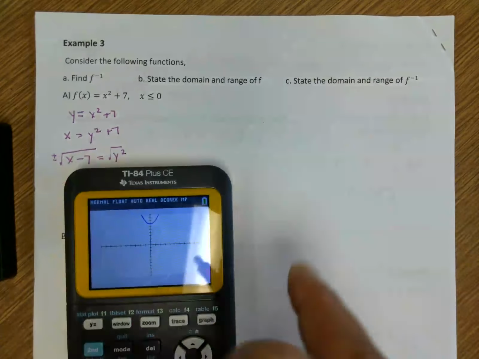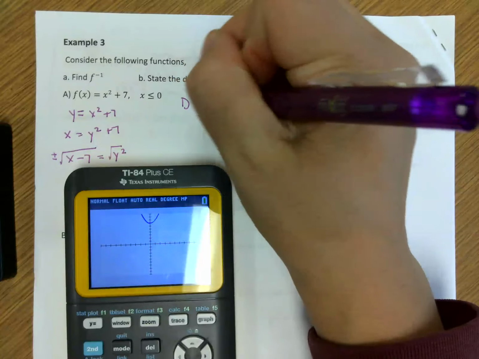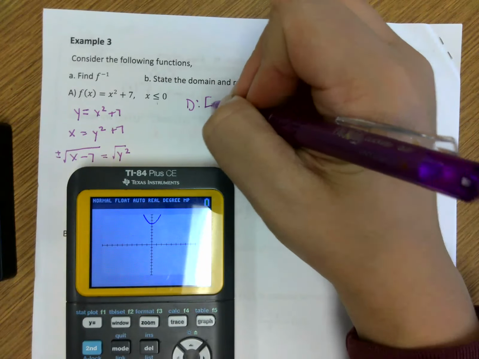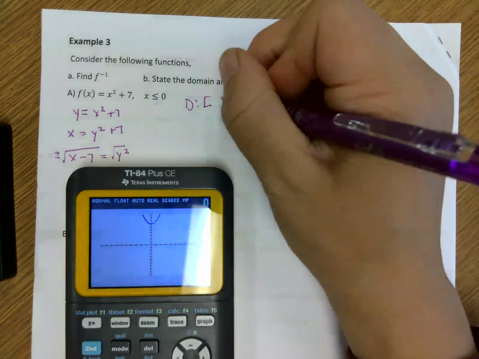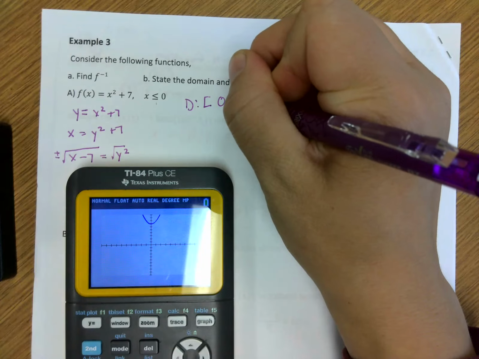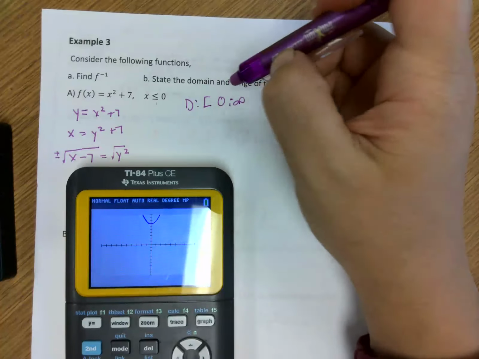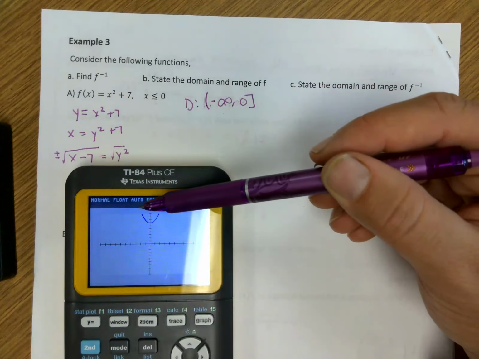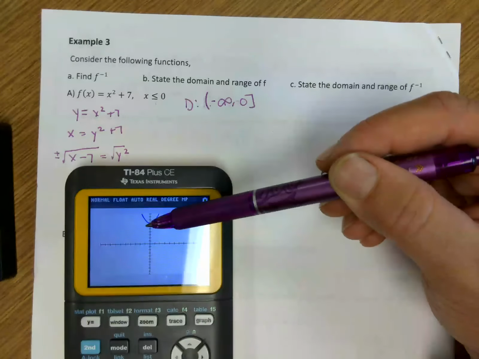So my domain has the restriction of including 0, because it's or equal to. So from 0 going on to negative infinity. Sorry, I wrote that the wrong way. Negative infinity, because it's less than. So it's everything over here up until that point.